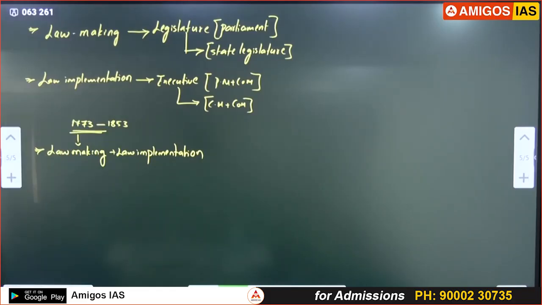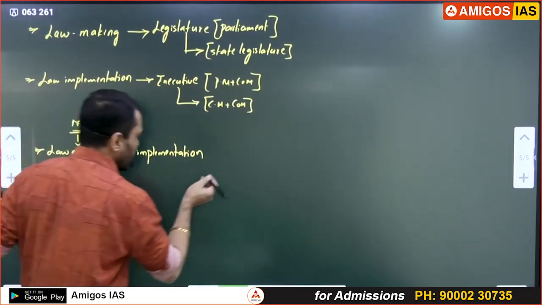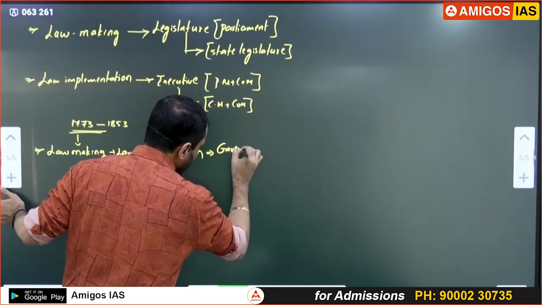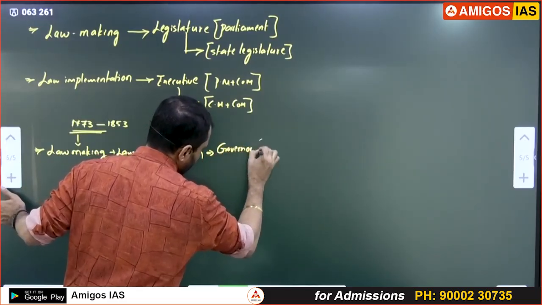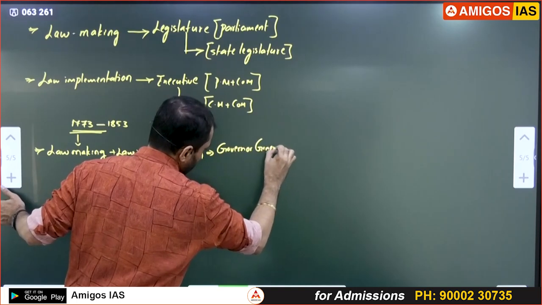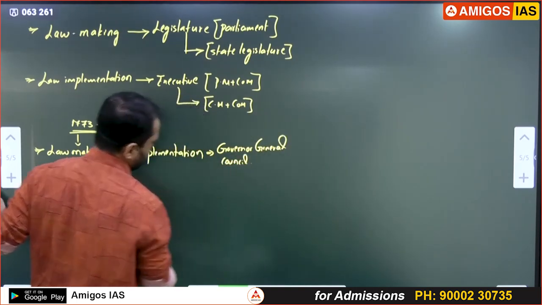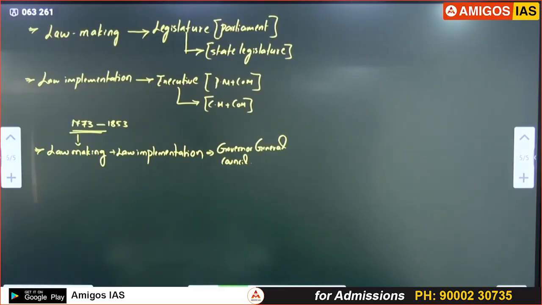There is no separation like this. Law making and law implementation used to be done only by the Governor General Council. You call that the Governor General Council. That's it. We have a common body.